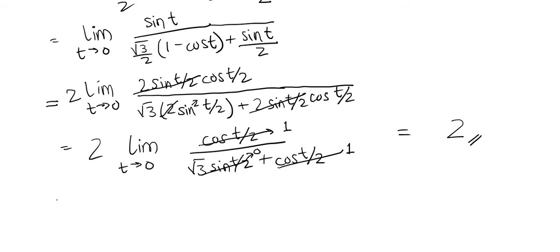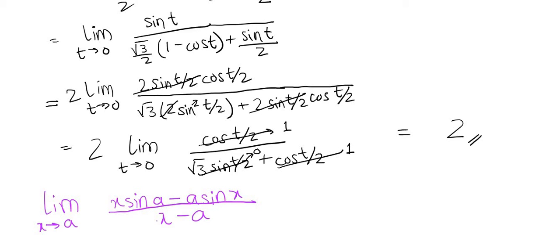Now before I go, I'd like to give you guys an exercise because this method's kind of new to you guys. So limit as x approaches a of x times sine of a minus a times the sine of x over x minus a.